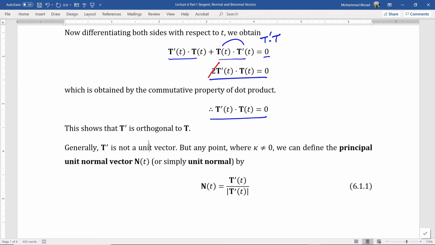Generally, the derivative of the unit tangent vector is not a unit vector, but at any point where the curvature is not 0, we can define the principal unit normal vector denoted by N of t, or simply called the unit normal, by the equation shown in 6.1.1.